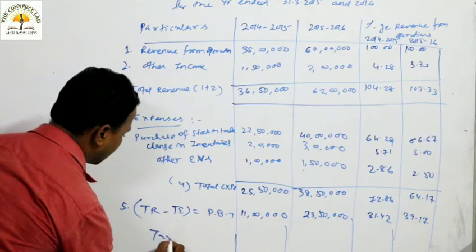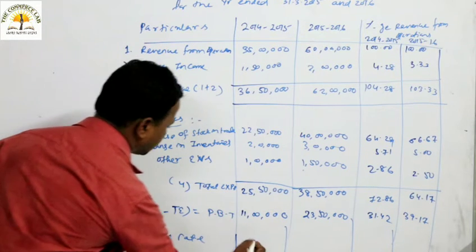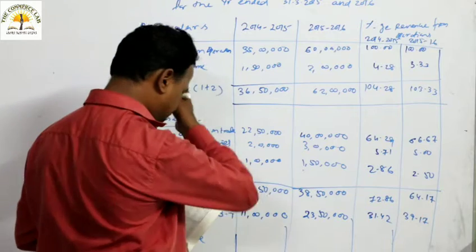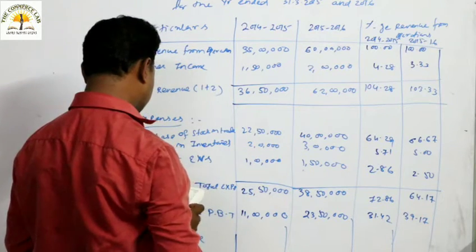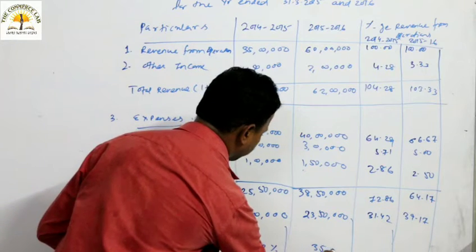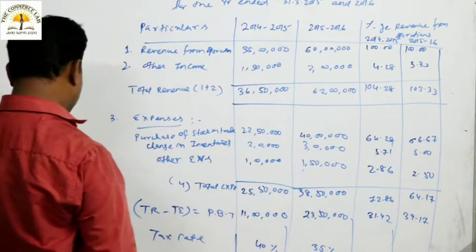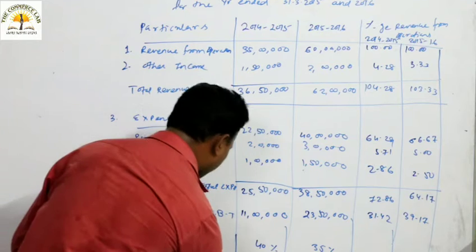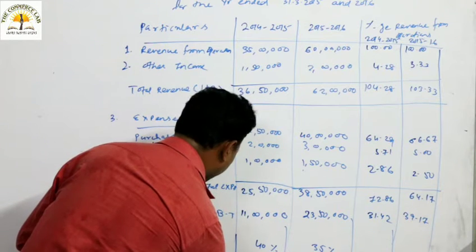So we have to write the tax rate. So tax rate given how much? 40%, then 35%. If it is 40%, how much will the amount come? 4,40,000.